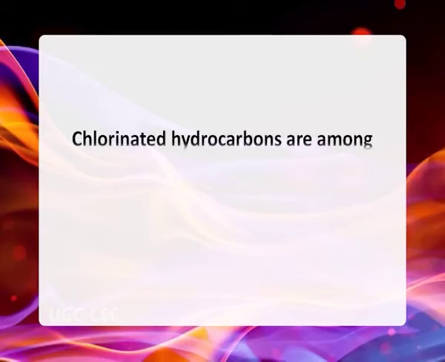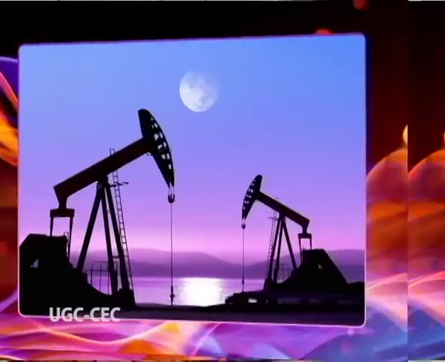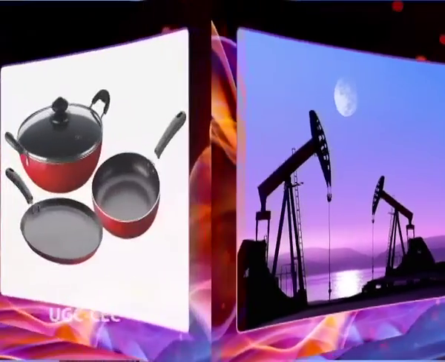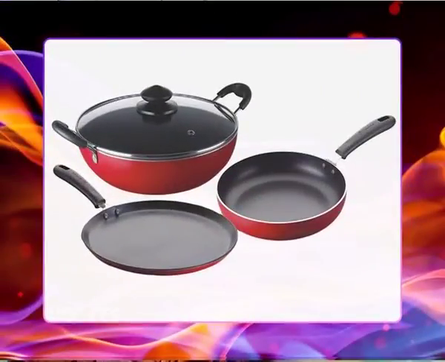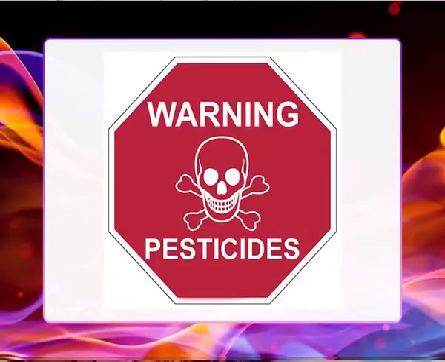Because of their wide array of uses, chlorinated hydrocarbons are among the most important industrial organic compounds. Since they are derived from distillates of petroleum fossil fuels, however, the depletion of global oil and coal reservoirs looms as a concern for the future. Chlorinated hydrocarbons have many industrial applications, including the manufacture of non-stick cookware, industrial solvents and pesticides.